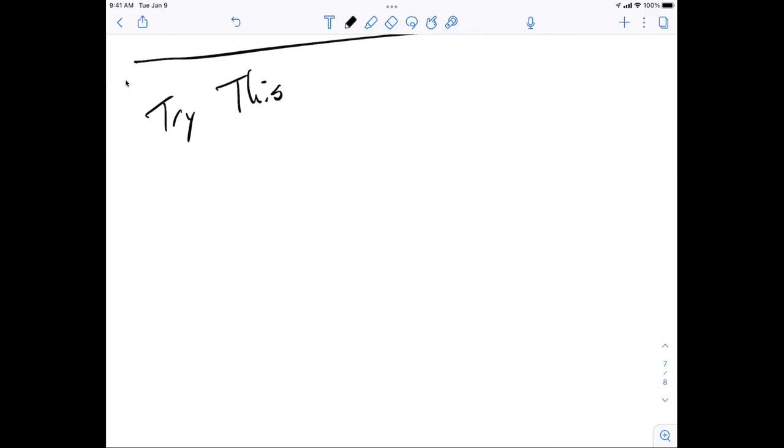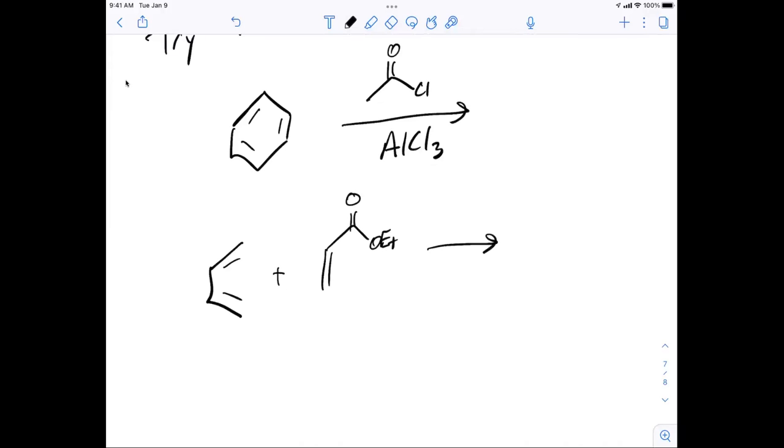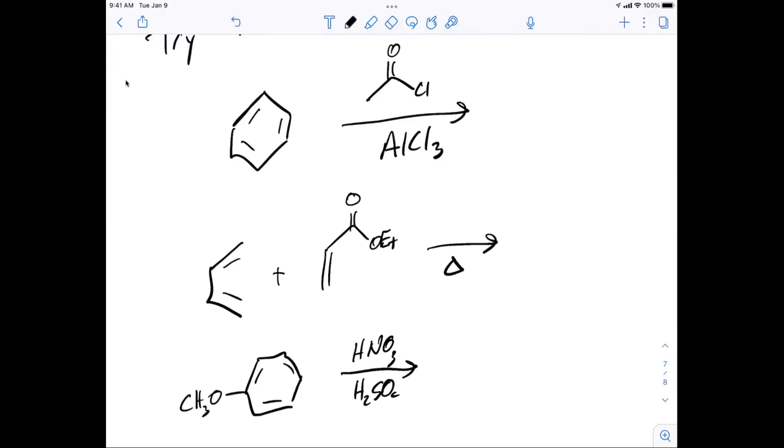I'm going to focus on some of the things that might be on the quiz in the next few minutes. So let's take a little bit of time and try these three.